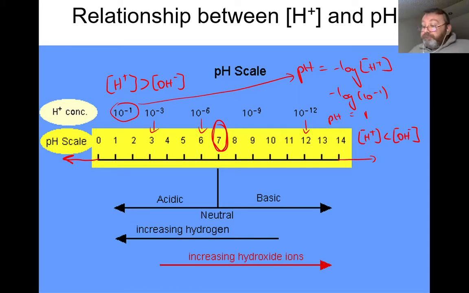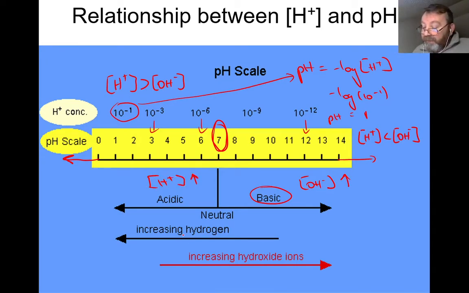Now, again, just to finish this off and make sure we've got everything covered. As we go above 7, we're in the basic region, which means, as I said already, that your OH minus concentration is high. And if you go to the acidic side, then your hydrogen ion concentration is high.